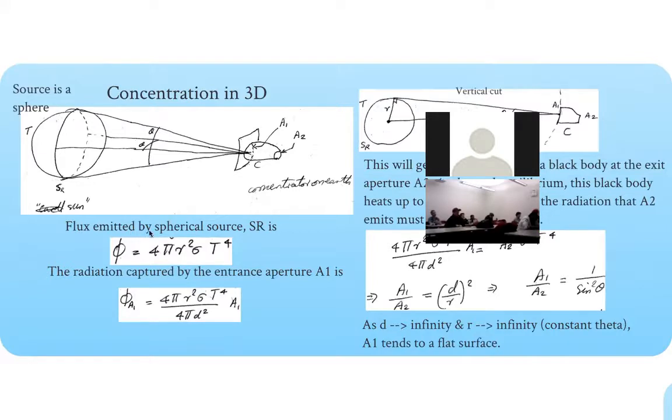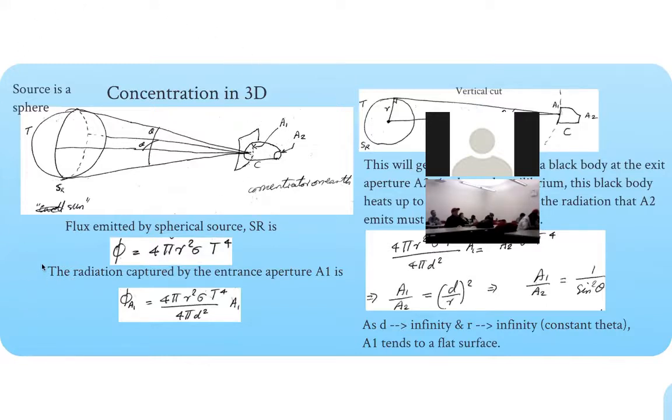The flux emitted by the spherical source is now given by the area of the source, which is 4 pi r squared, the area of a sphere, times sigma T raised to 4. That's what's emitted from the sun. Now, of course, we are looking at some distance d away, which means that we need to divide it by the surface area of this huge sphere over which the light is incident.